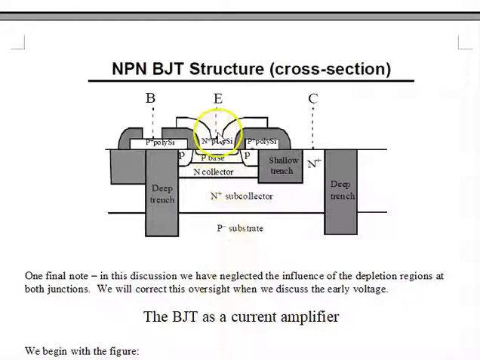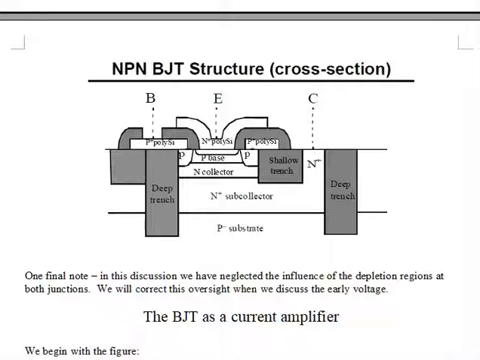But notice that this is a vertical device. The charge flows from the emitter to the collector. Of course, this is an NPN device, and notice that we make the emitter degenerately doped, the base somewhat less, moderately doped, and the collector lightly doped.